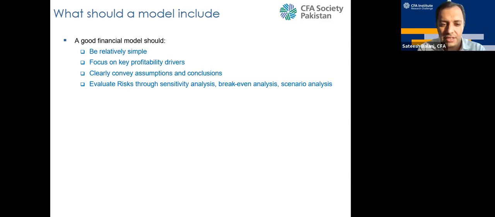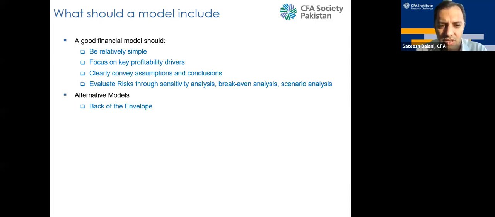So you need to see how big the risk is, what kind of scenario you have to analyze. You need to see at what volume you break even. For example, if you are investing in a company, and that company's break even is 30% below your current volumetric assumptions, that means you have a very small cushion. So you have to be well above your break even point when you are evaluating the company.